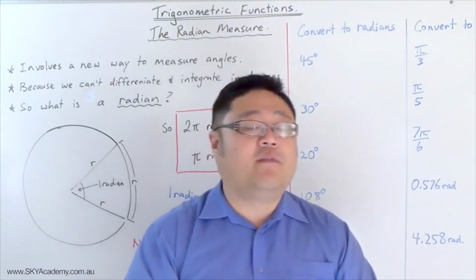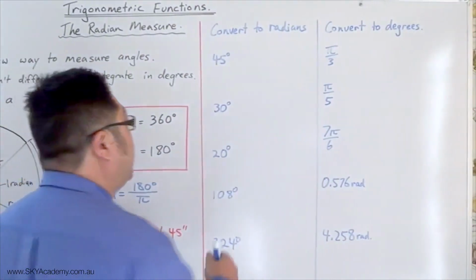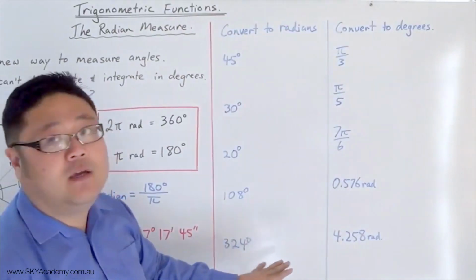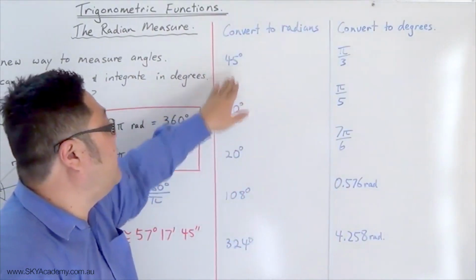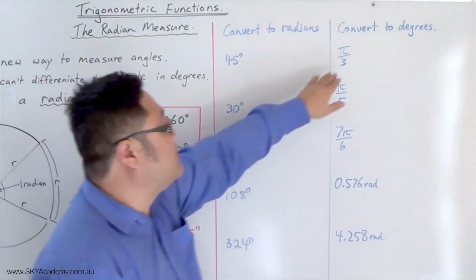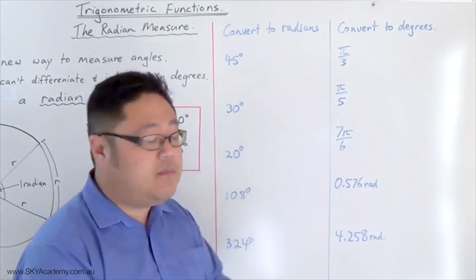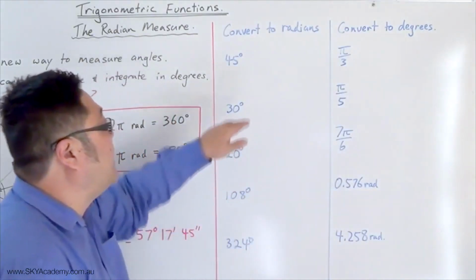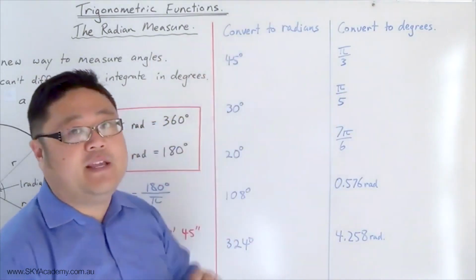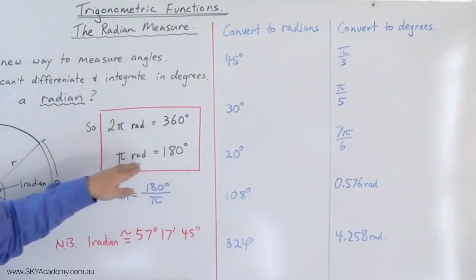On the right hand side of the board, I've got some questions which involve converting from degrees into radians, and also from radians to degrees. Let me start by saying this: when you're converting degrees into radians, you need to remember your conversion key.